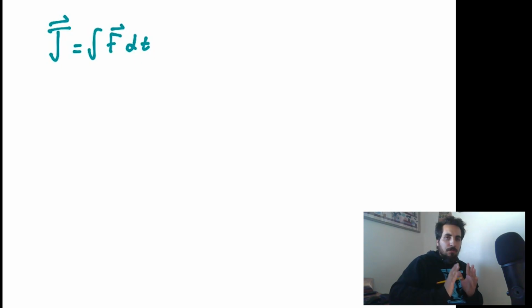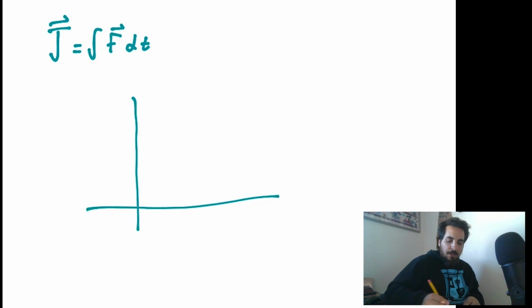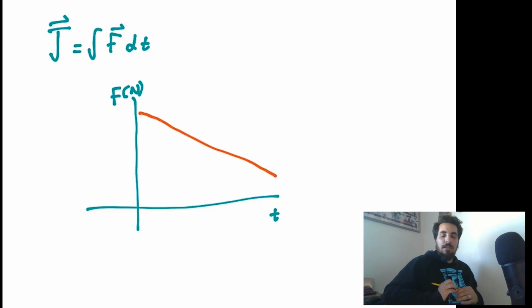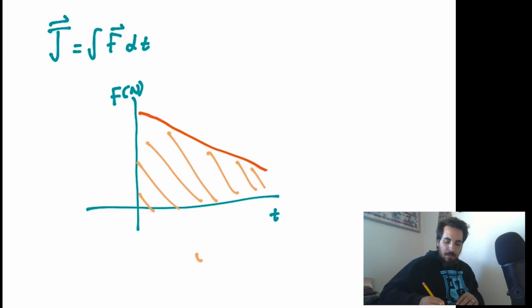The integral, well, in this class, that has just been a fancy representation for if we take a graph and we graph out the force, and we'll say force in newtons over some time t, the impulse being the integral of it, this is just to say that the impulse is the area under the curve. So this area I'm marking out in orange is the area under the curve, and that is our impulse.